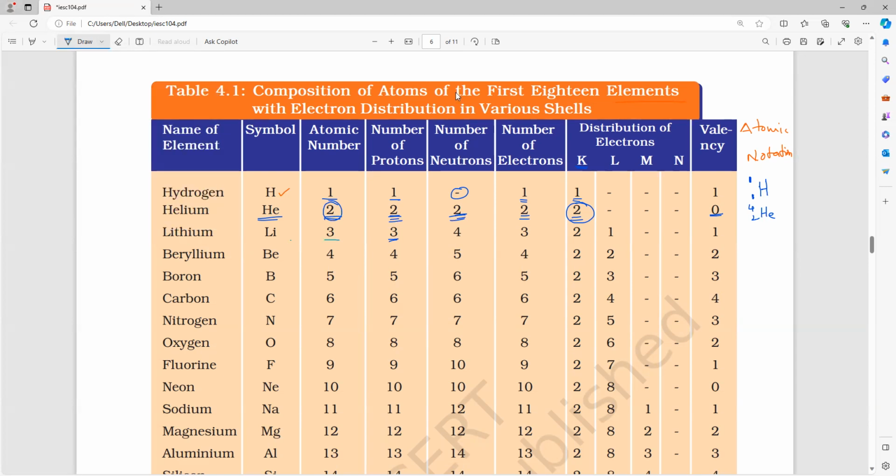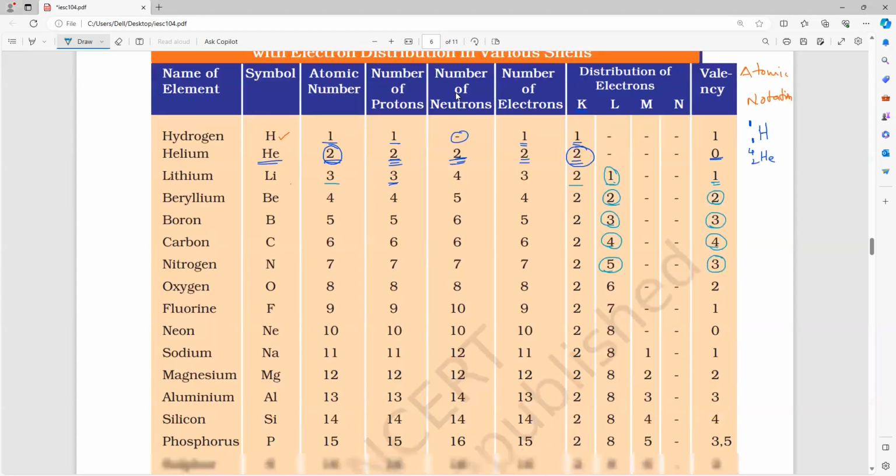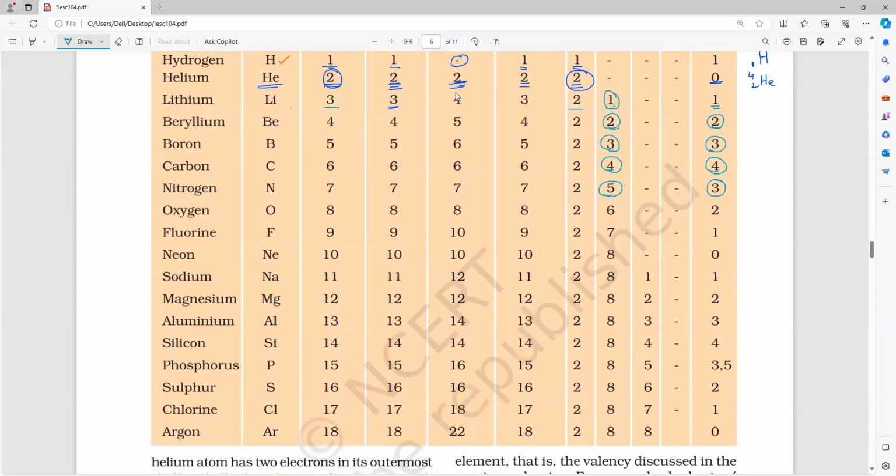Next, lithium. Lithium you can see 2, 1. So valence electrons is 1, so valency is also 1. Valence electrons are 2, valency is 2. Valence electrons are 3, valency is 3. Valence electrons are 4, valency is 4. Valence electrons are 5, so 8 minus 5, what is the valency? 3.